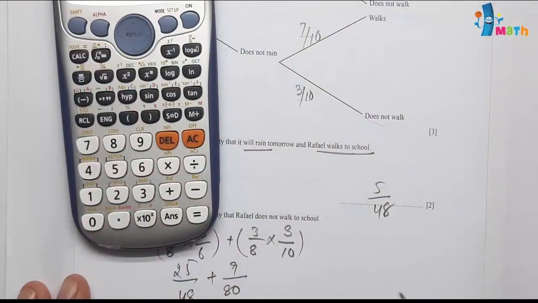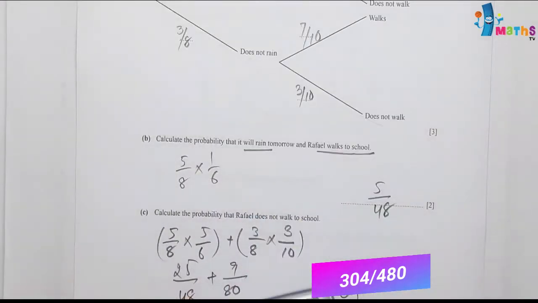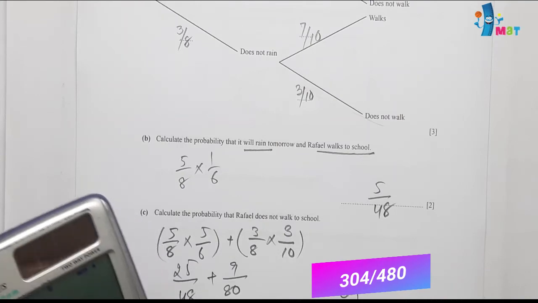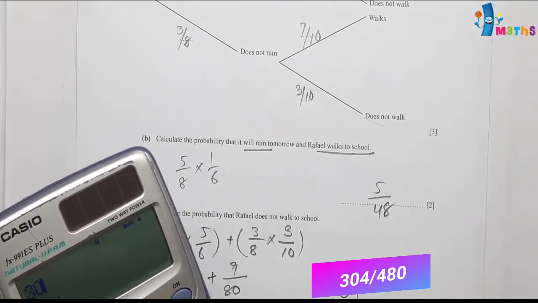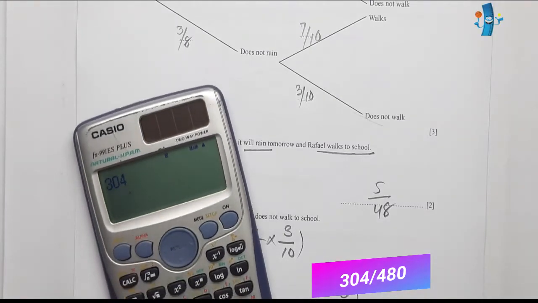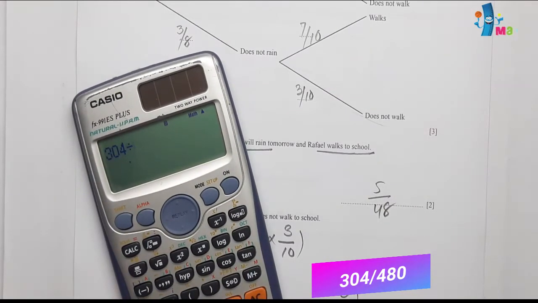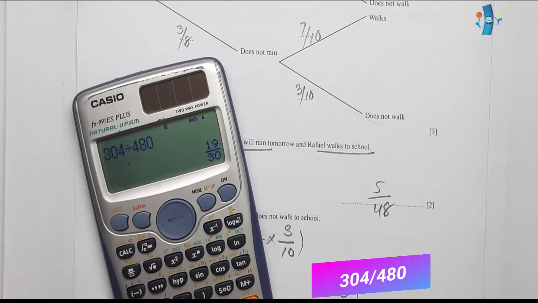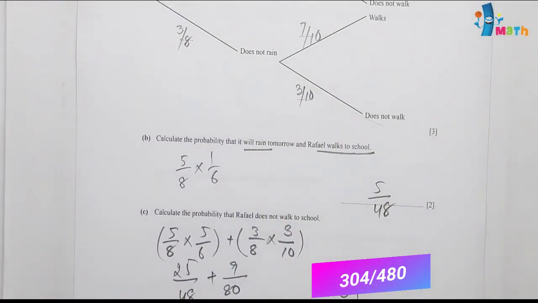This is the simplified answer. So basically the marking scheme has given 304 over 480, which is also simplifying to 19 over 30. If we check, 304 divided by 480 will also be simplifying to 19 over 30. So this is the answer.